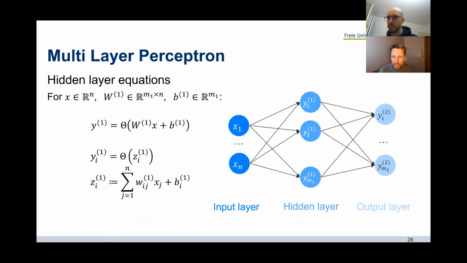Can I add something, Luis? Sometimes you will find in the literature a network like the one you just showed described as having only 2 layers, because we only count the weight layers. Each of these connections is a weight matrix, W1 and W2, let's say.